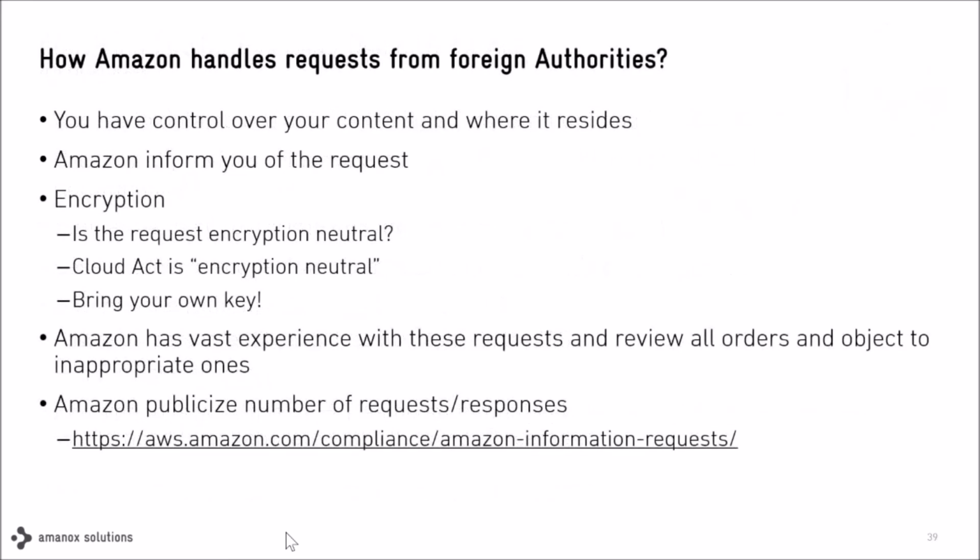And next, you might wonder how Amazon handles requests from foreign authorities. What is important to know is that they do not disclose customer information in response to government demands unless they are required to do so to comply with a legally valid and binding order.